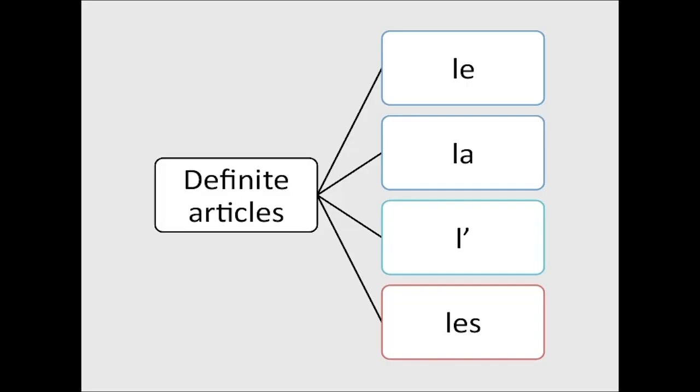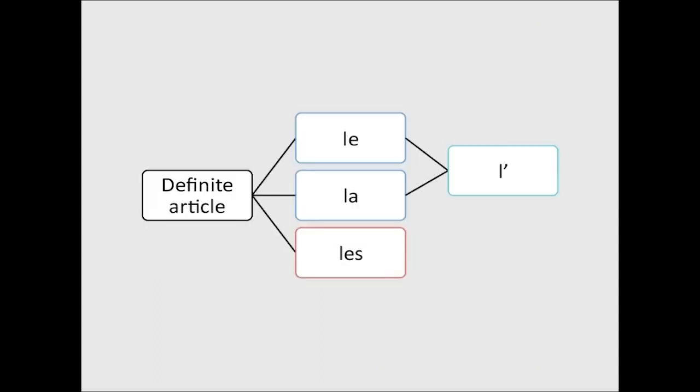In French, there are 4 definite articles: le, la, l', and les. Technically speaking, there are only 3 because l' is just a variation of le and la.